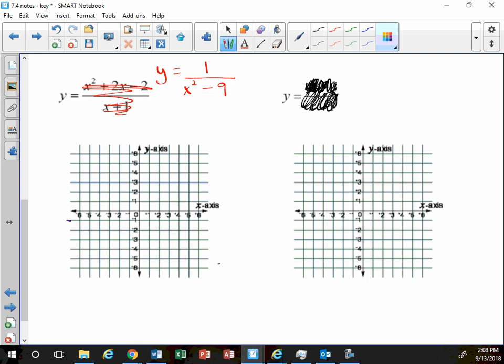So is it top heavy, bottom heavy, or equal?